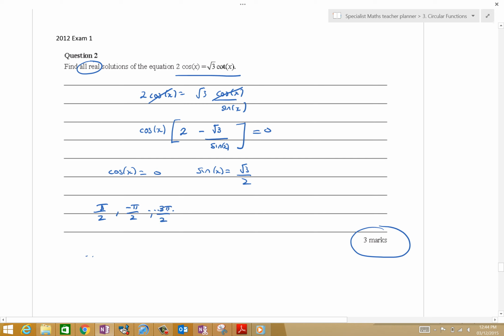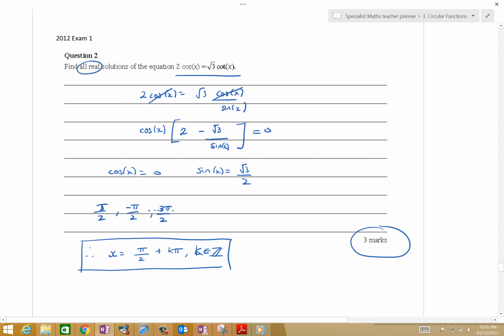So therefore we can say that one of our solutions is x is equal to pi on 2 plus k pi, such that k is an element of Z, integers.